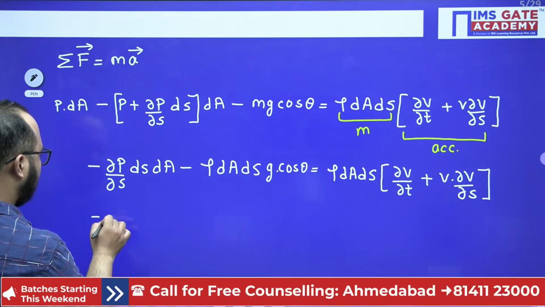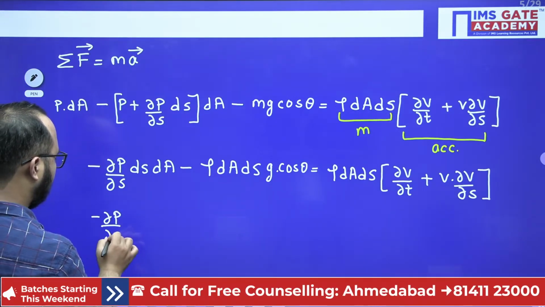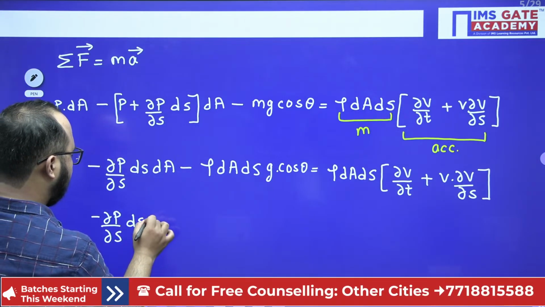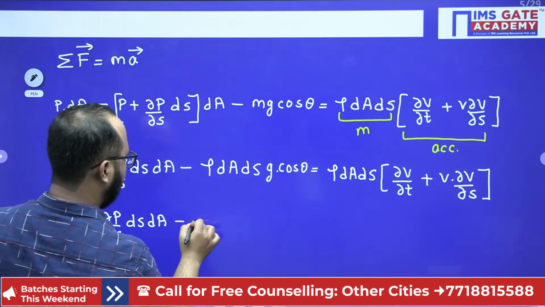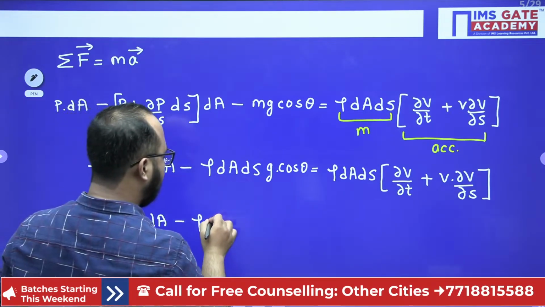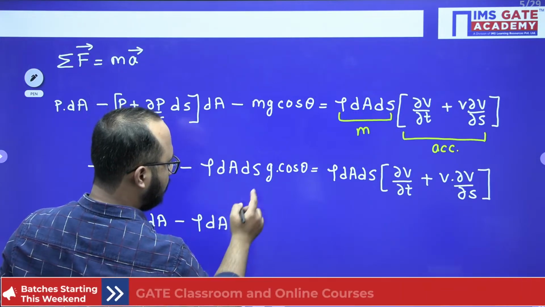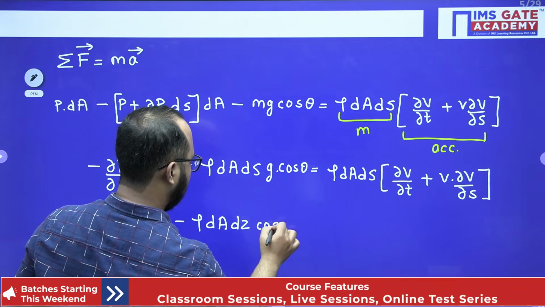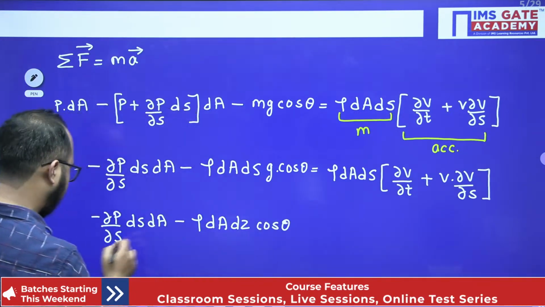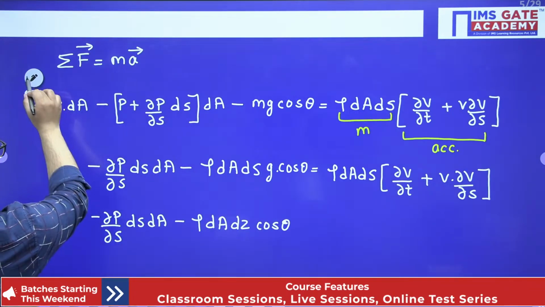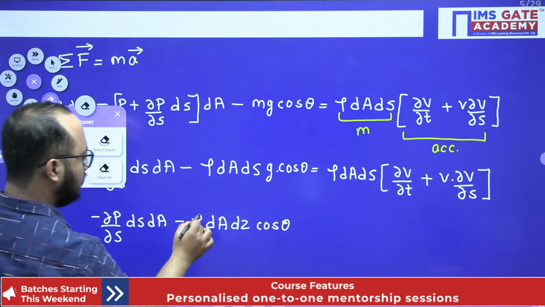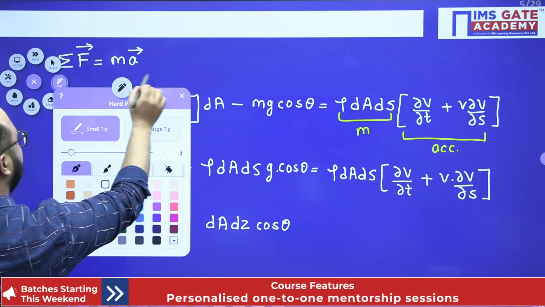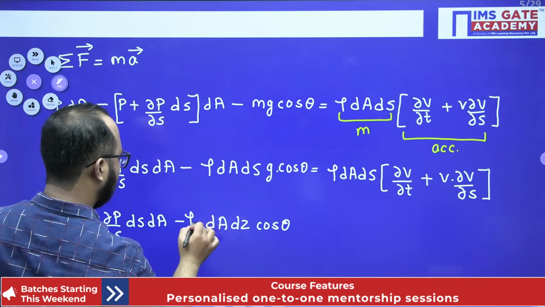So minus ∂P/∂s ds dA minus rho dA into dz, and g will also be there. Rho into g.